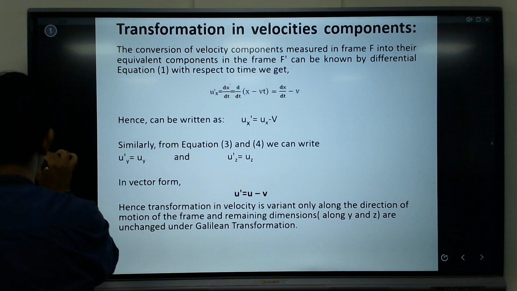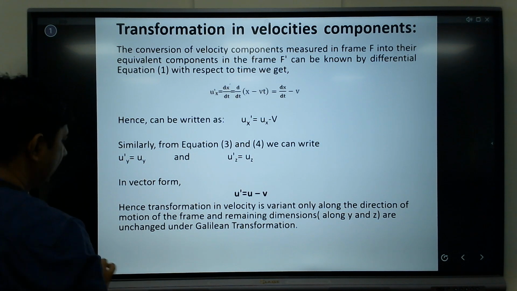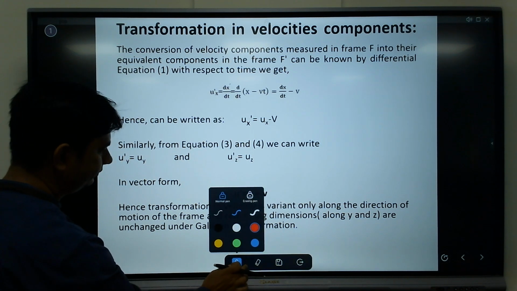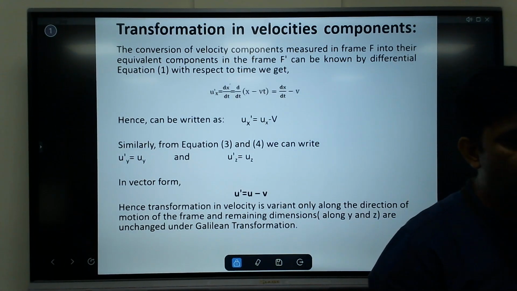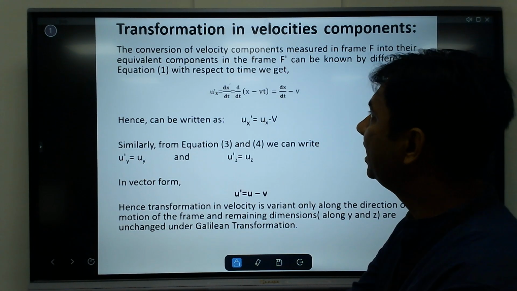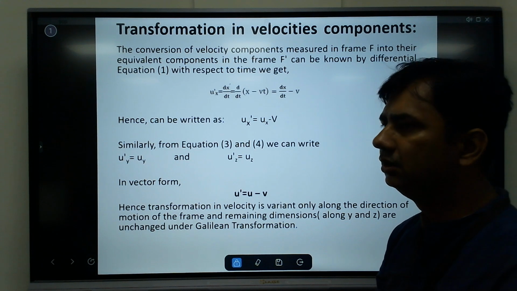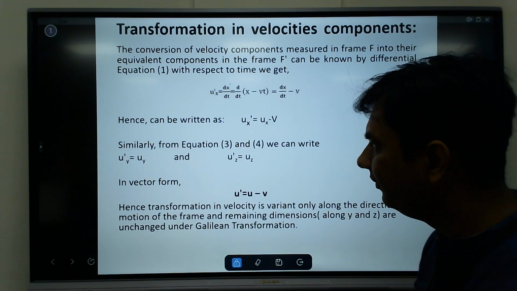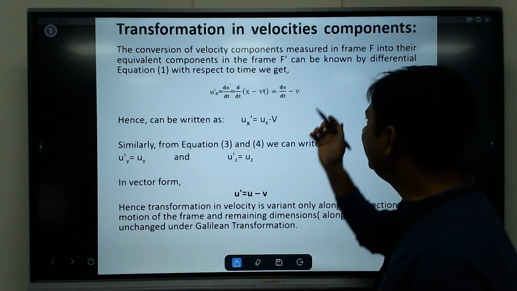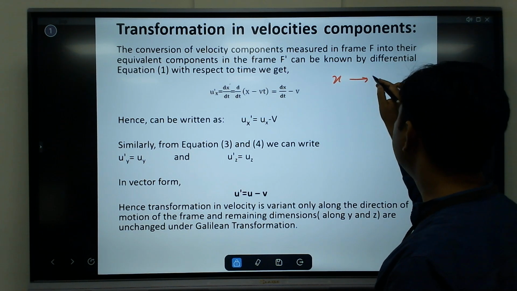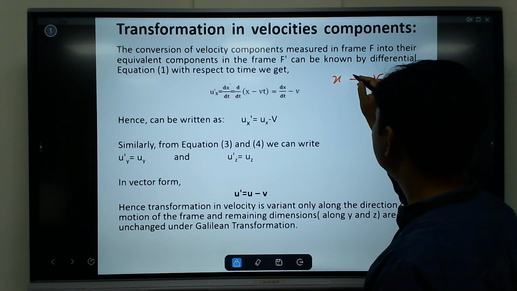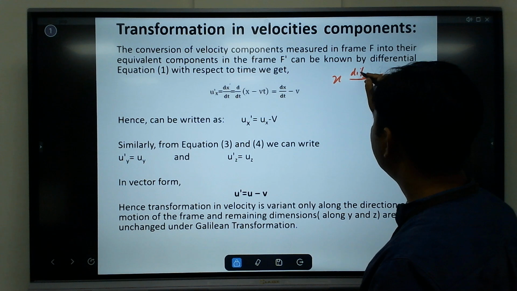So there are some more formulas. Okay. Transformation of velocity. Transformation in the velocity component is very easy. We have displacement x and we want to transform it into velocity, so differentiate it.